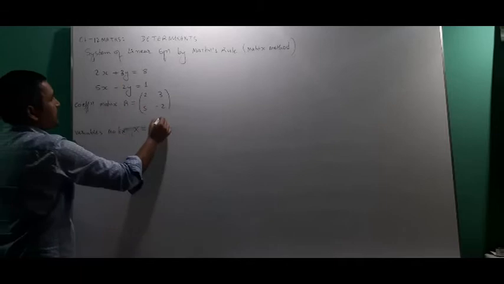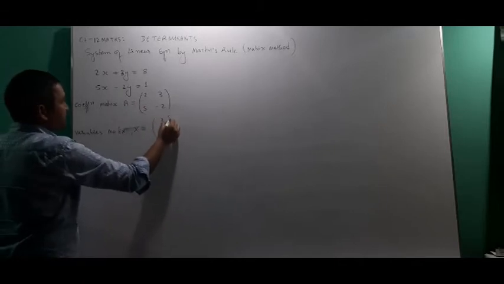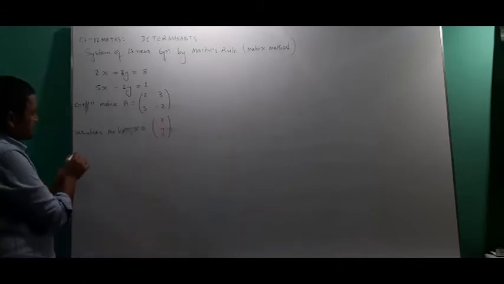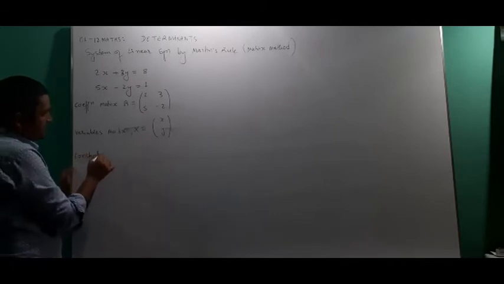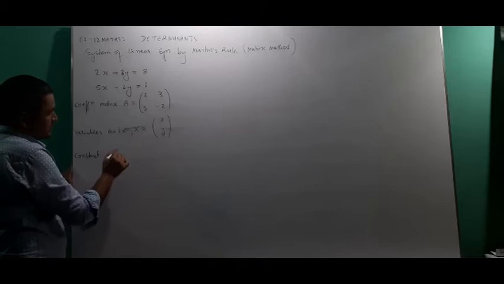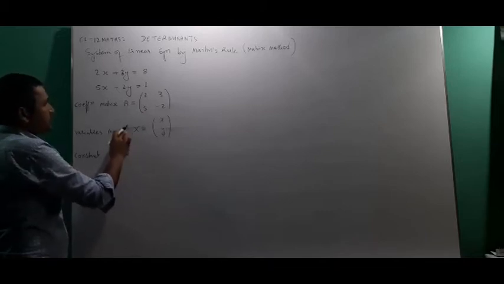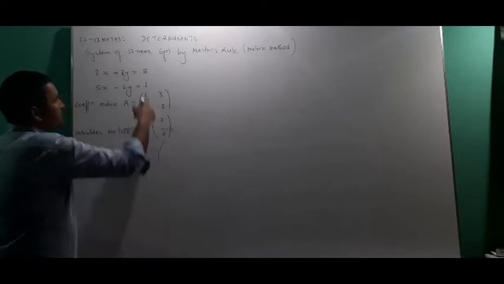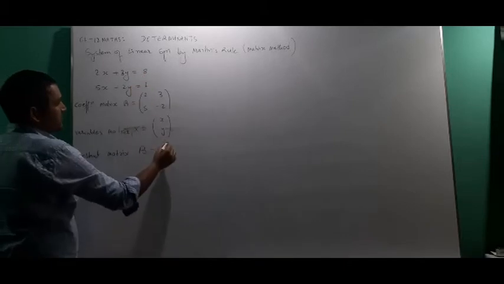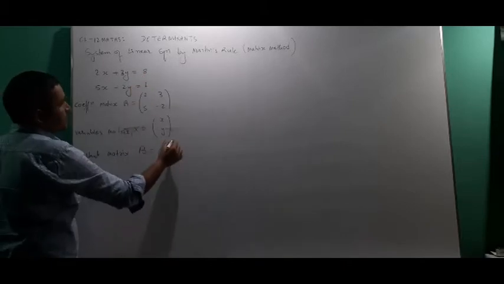X and Y. Then the constant matrix, indicated by B. Constant means the last two, 8 and 1.